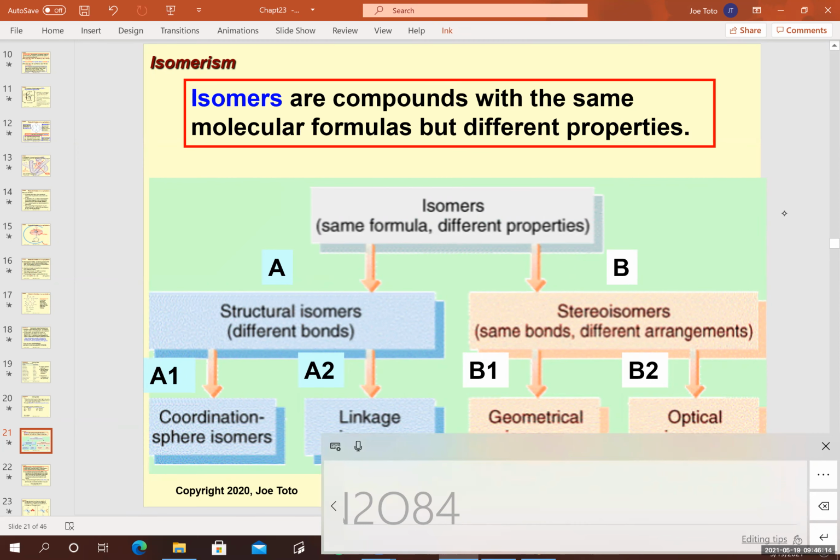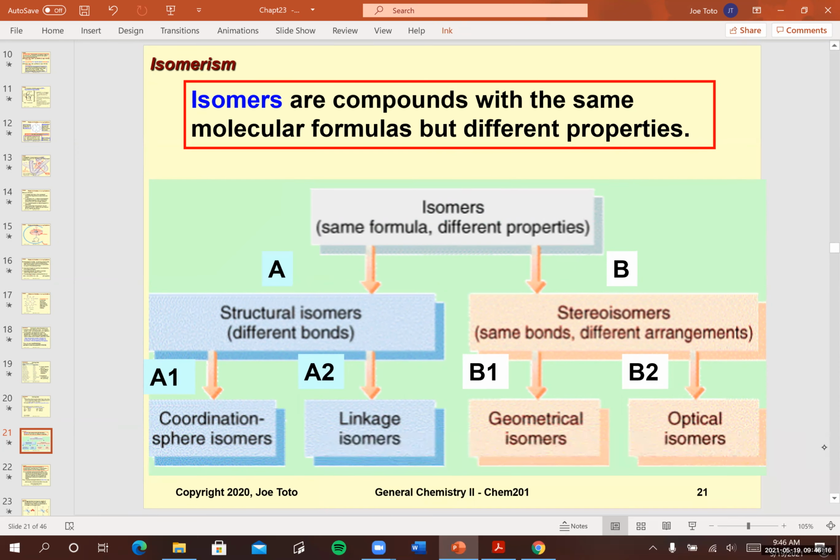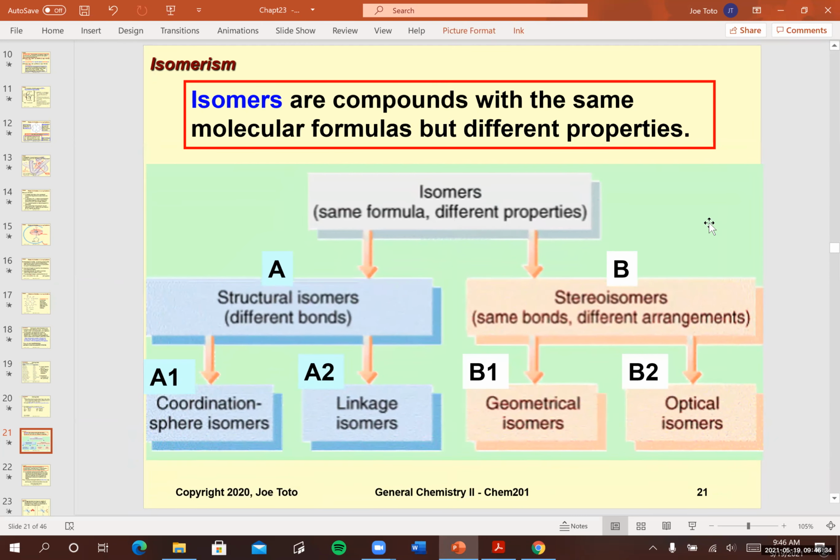Now, I think you'll find it easier to understand the structural isomers than the stereoisomers, but the stereoisomers are interesting in their own right and have lots of applications. If you take the organic chemistry class, you're going to get way deep into organic stereoisomers. So that's something that'll be important for organic.